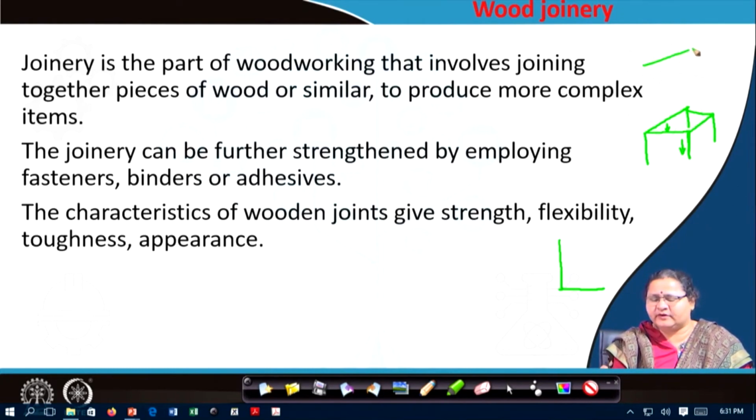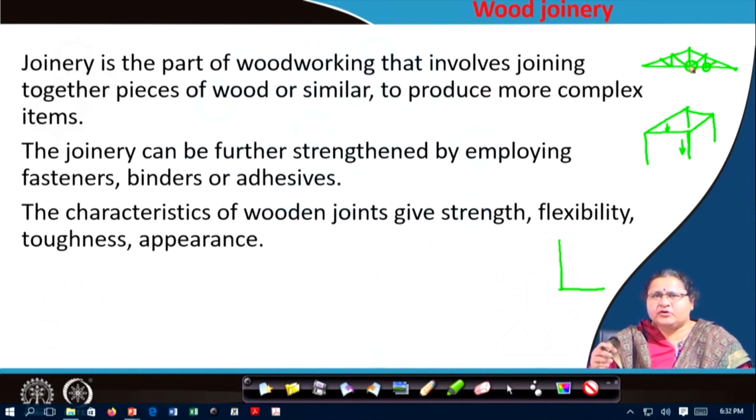Similarly, you may have a wooden truss to be made, where you may need to make supports in oblique direction. So here you need to have joints with one member with the other in oblique direction. You may further strengthen the joint by use of adhesives, fasteners, binders, nuts and bolts.